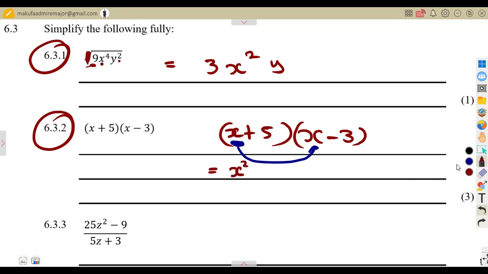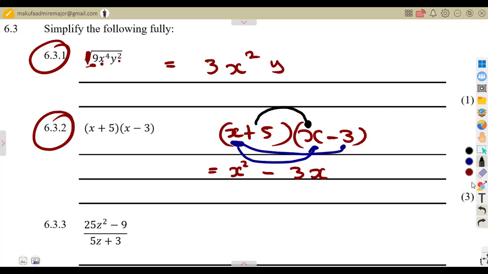The x and the minus 3, that is minus 3x. We're done, so the x multiplies everything in the second bracket. We move on to the plus 5. Plus 5 is going to multiply the second bracket again. 5 times x, that's plus 5x. It's a positive, that one.